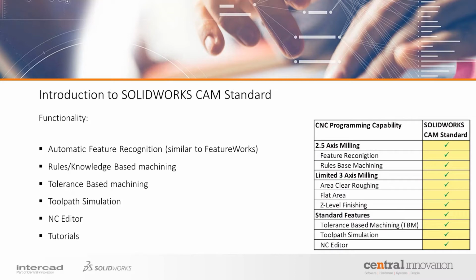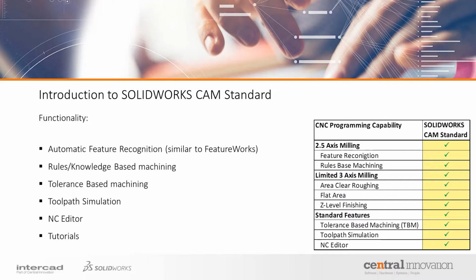The algorithms that are used are similar to FeatureWorks, but it's slightly better at recognizing, so that's a bonus. We can also do interactive feature recognition. It's the equivalent manual method of defining features for machining, but for today we'll just focus on the automatic feature recognition.